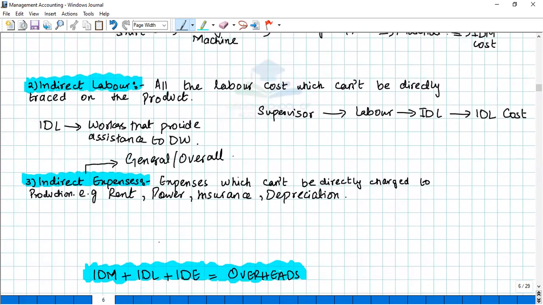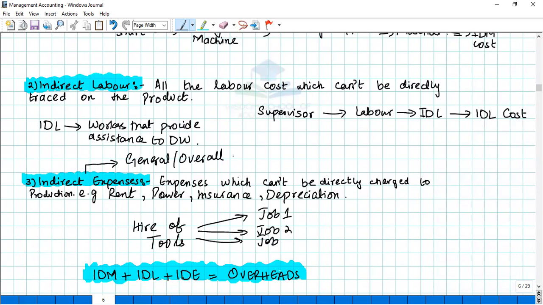I gave you an example of hire of tools. Now, if you hire the tools for doing different jobs, let's say job 1, job 2, job 3, job 4, so you have hired the tools for performing different jobs. This is not your direct expense because it's not related to a specific job, right?